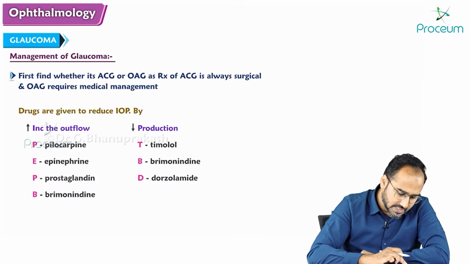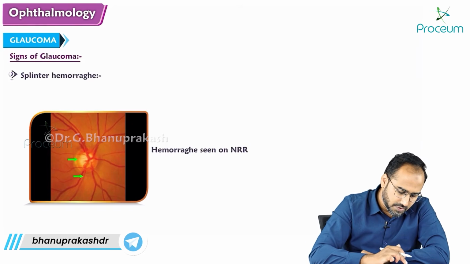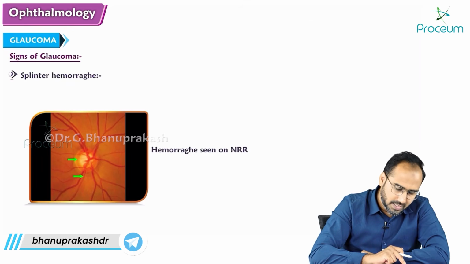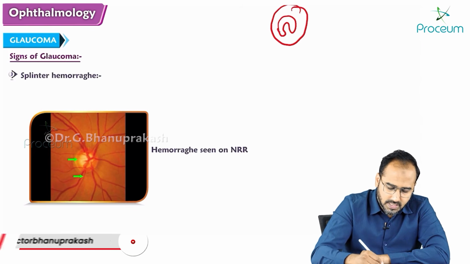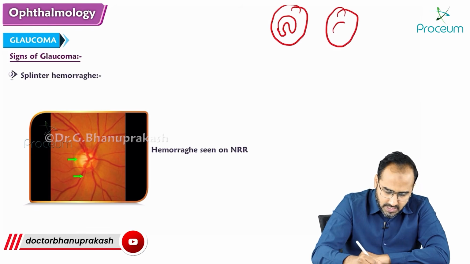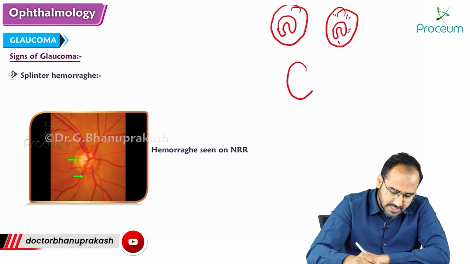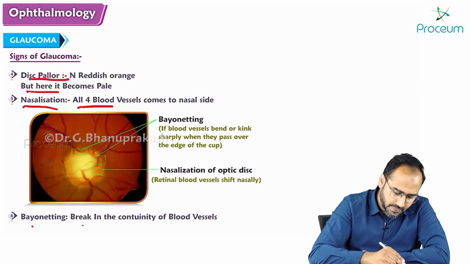We are still discussing the signs of glaucoma. As I already told you, the first sign is asymmetry. After asymmetry, there is focal notching. After focal notching comes splinter hemorrhage. Then the disc becomes pale, disc pallor is seen.